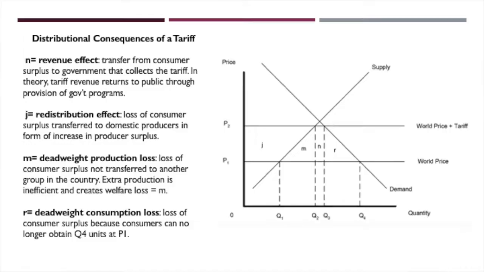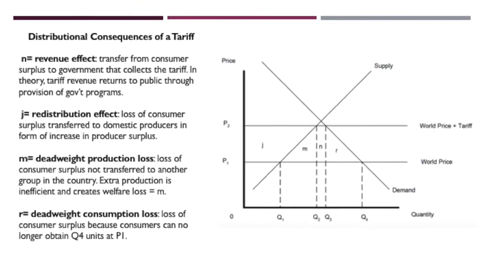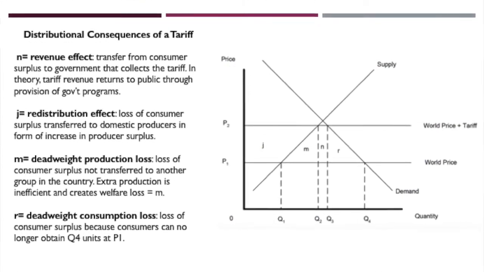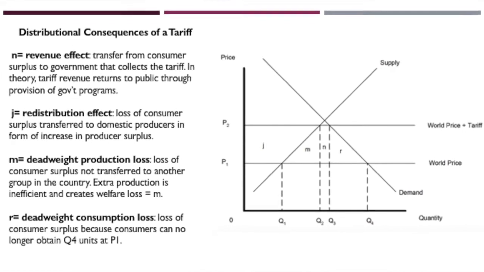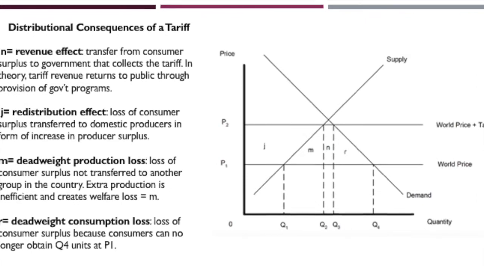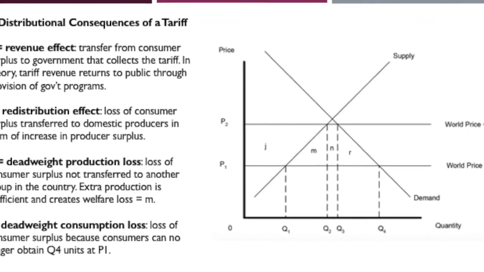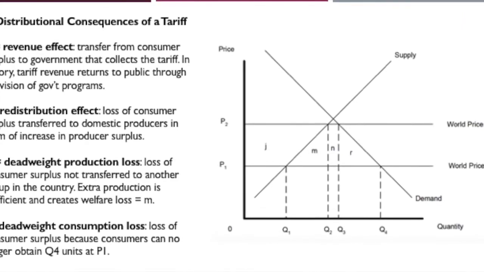It's collected at the ports of entry when things come into the country, and it goes into the public treasury to be spent on government programs, healthcare, education, and so forth. The question is, and from this diagram it clearly doesn't seem so, does the revenue effect, the area N, the tariff revenue, offset all of these additional inefficiencies that are brought about from the tariff?